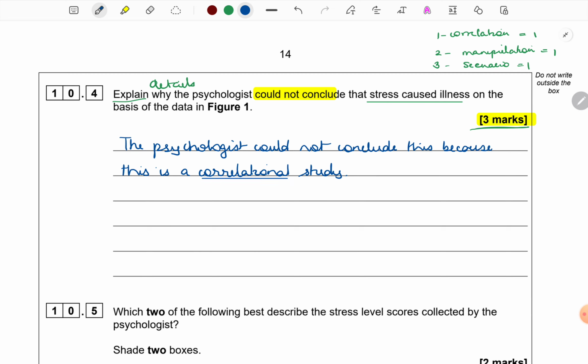An assumed cause is not manipulated but only measured in these studies.